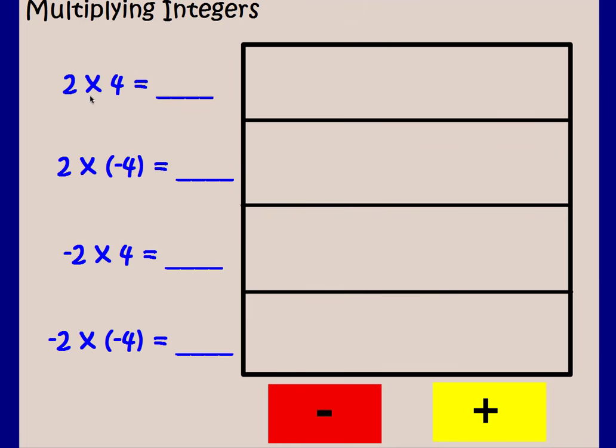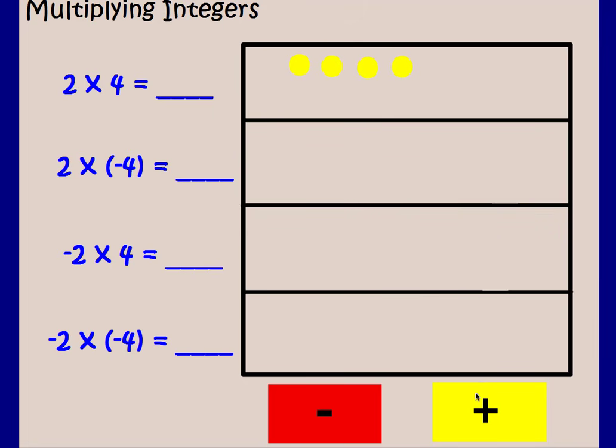Okay, our first problem says 2 times 4. Now remember, multiplication is taking groups of something. In this case, we're taking 2 groups of 4. So I'm going to need to go ahead and model that with my integer chips. Recall that the yellow chips mean positive, so I need 2 groups. Each group needs to have 4 positive chips.